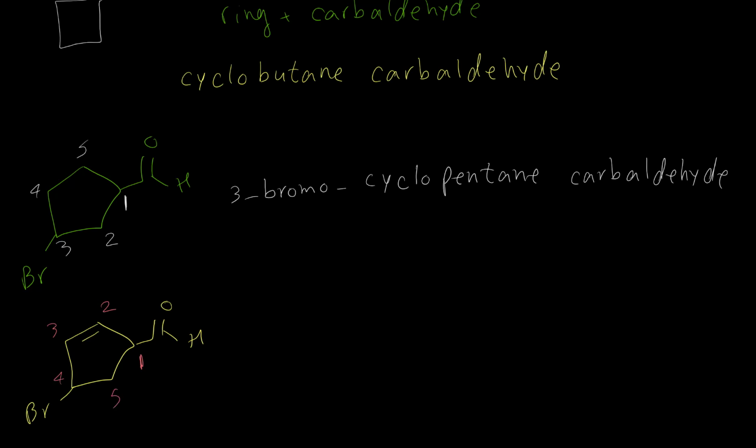So the name of this compound will be 4-bromo. Then we have cyclopentene, not cyclopentane. So cyclopent, but this cyclopentene has a double bond on carbon 2. So cyclopent-2-ene. Then after the name of the ring, we have carbaldehyde.